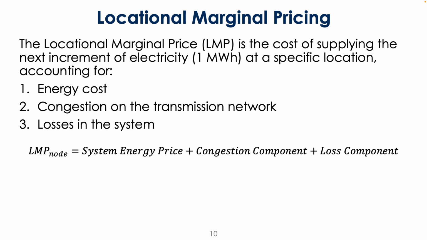There's no curve for LMP because that depends on location. But one way to visualize your dispatch curve is something like this. So this is marginal cost, in dollars per megawatt hour, and this is the capacity.